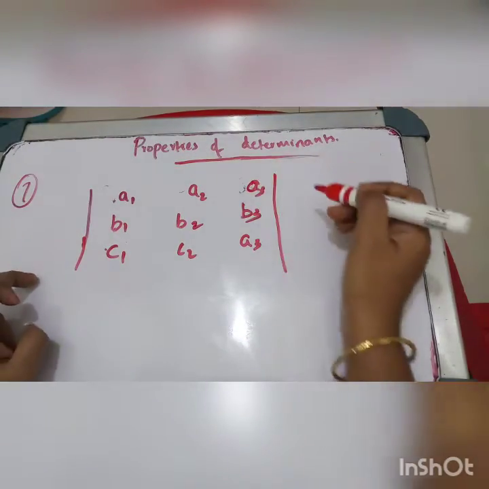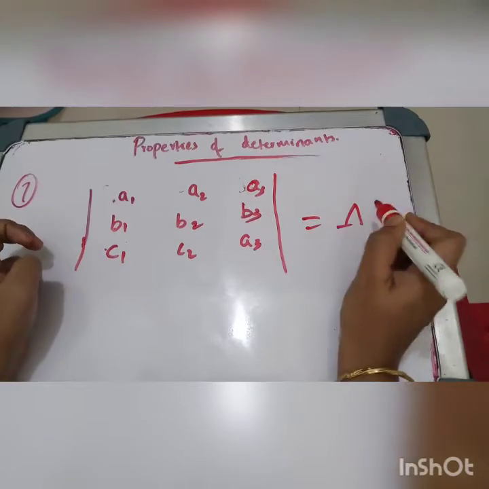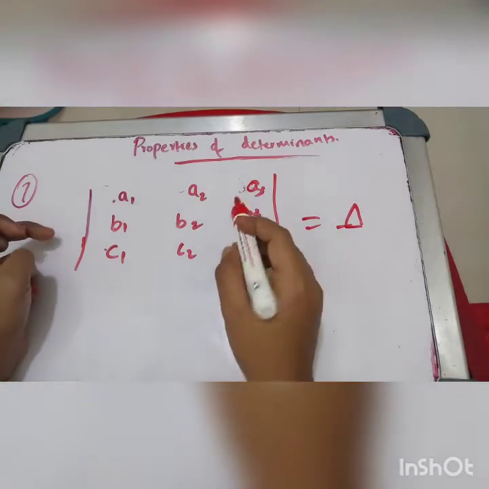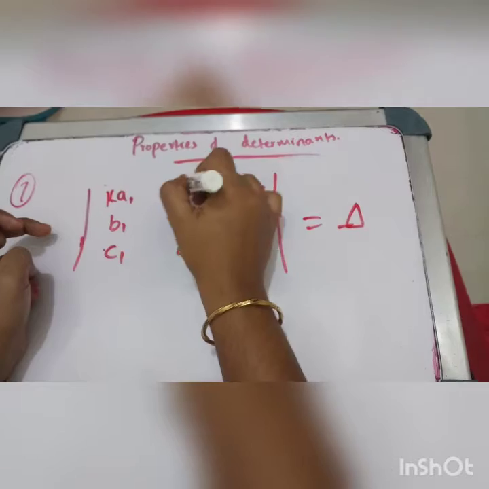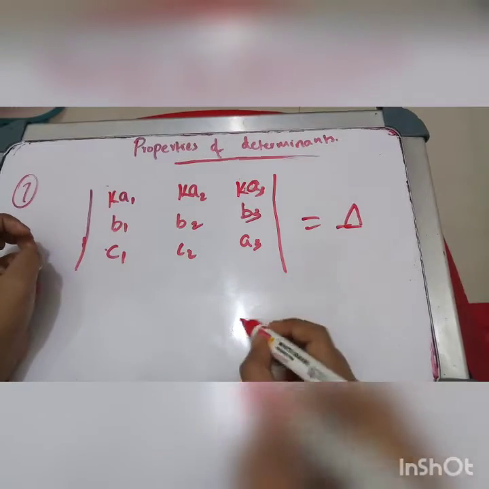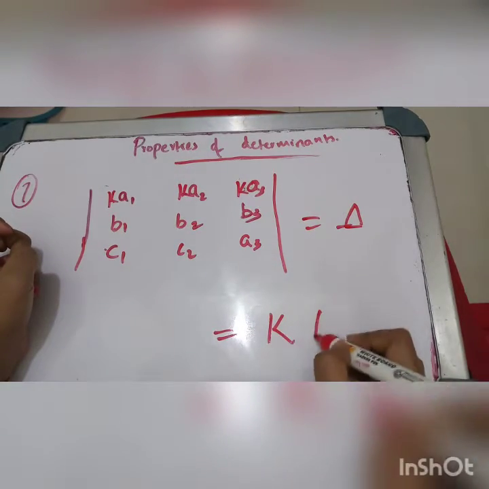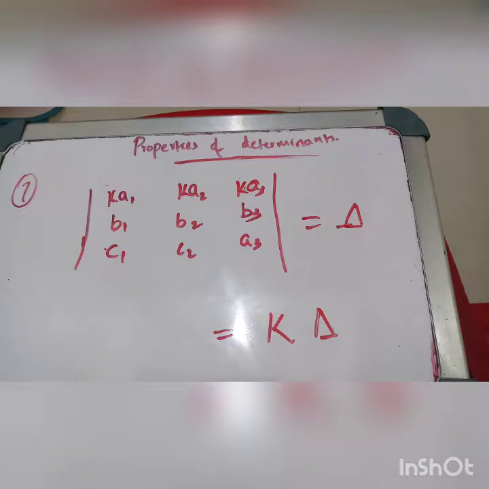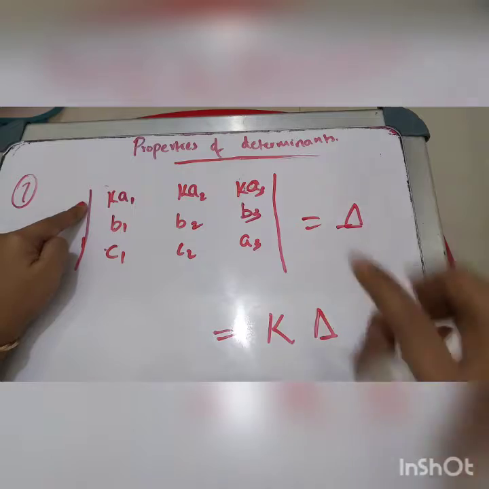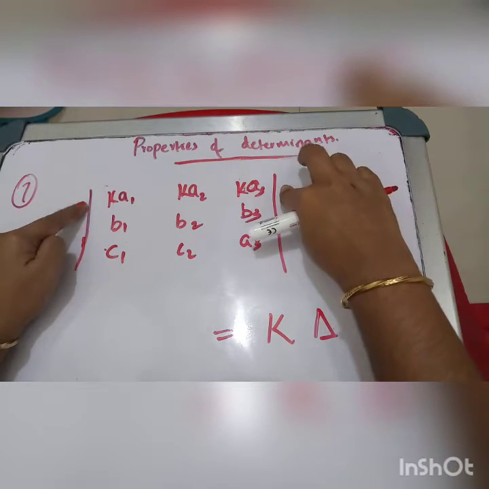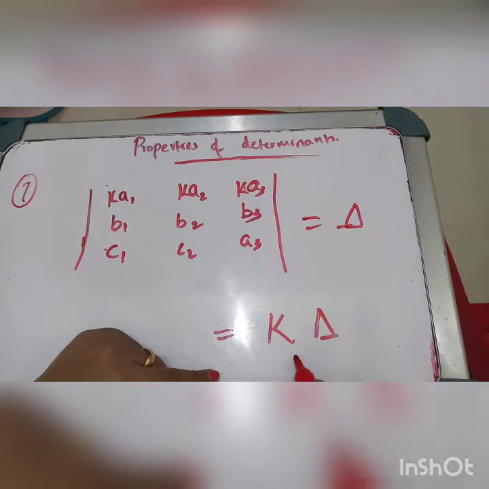Then the determinant of the matrix with each element in a row multiplied by the constant is k into delta. If each element in a row or column is multiplied by the constant, the determinant will also get multiplied by the same constant.